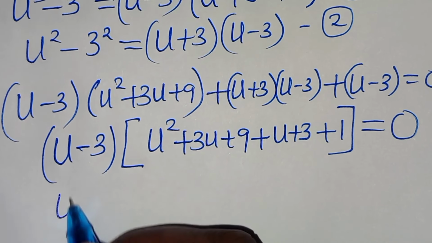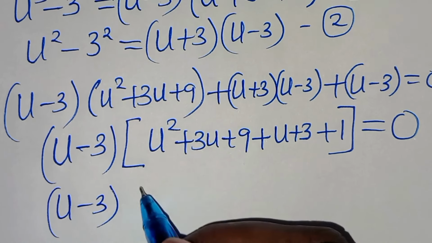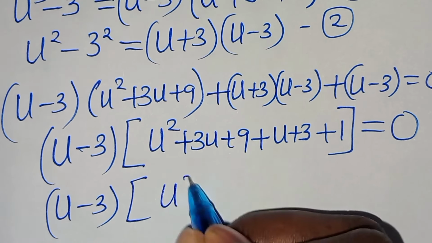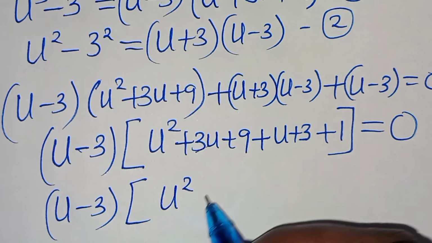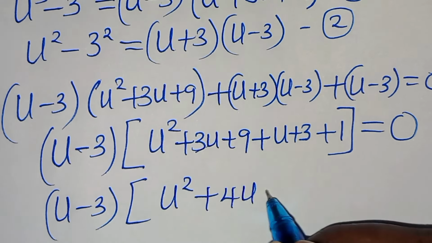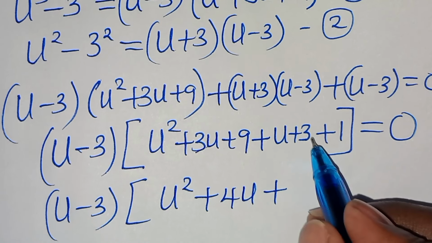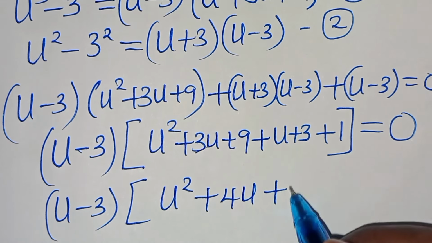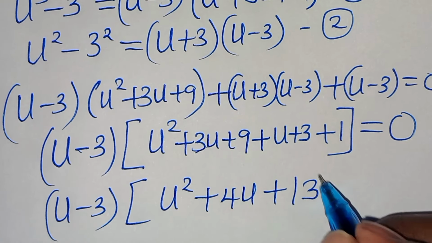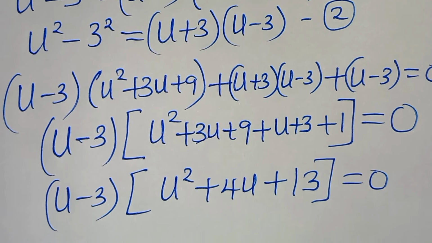So we have u minus 3. Here we have u squared, 3u plus u, this is plus 4u, then plus 9 plus 3, this is 12, plus 1, this is 13. This is equal to 0.